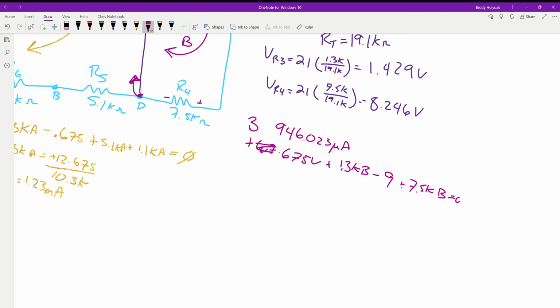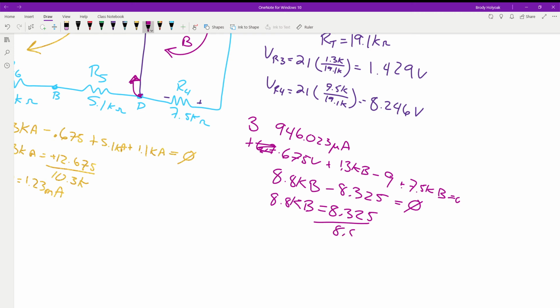So we're going to have a 1300 and 7500. So we've got 8.8K times B minus 8.325 equal to 0. And we get the 946.023.